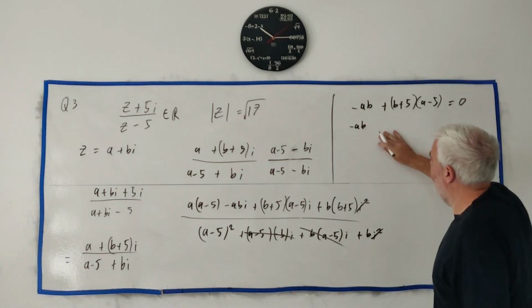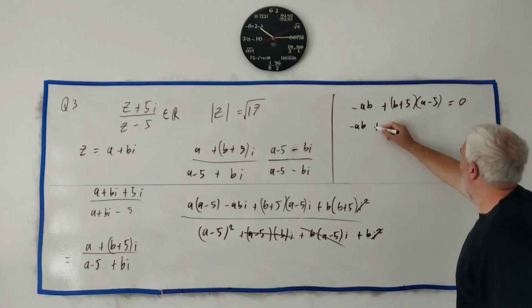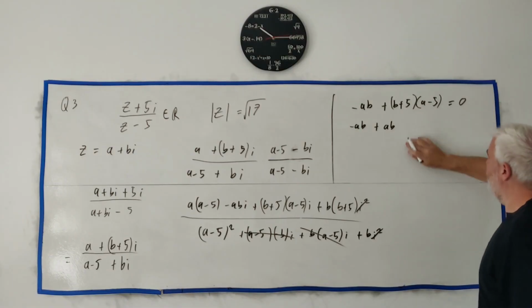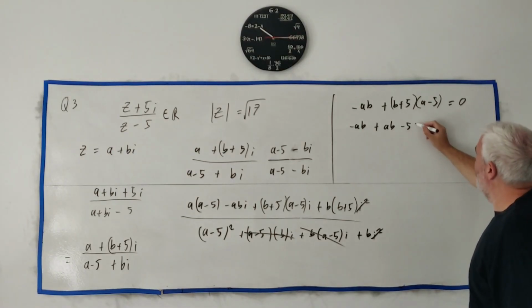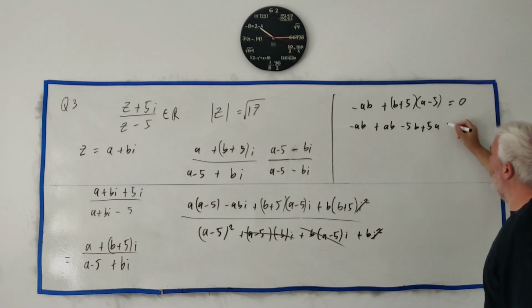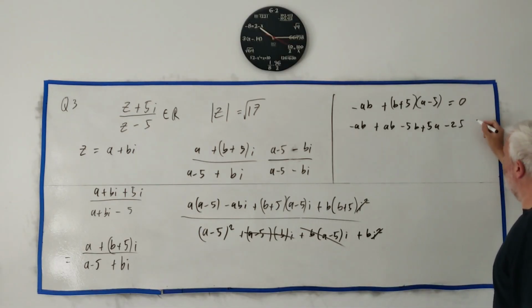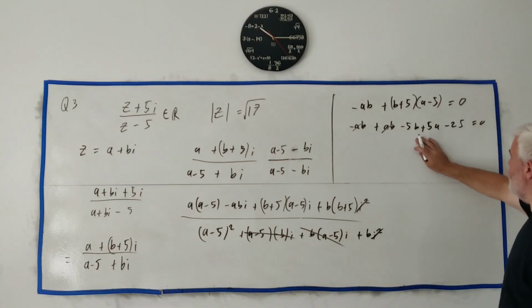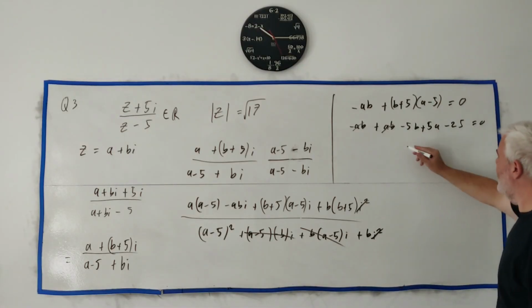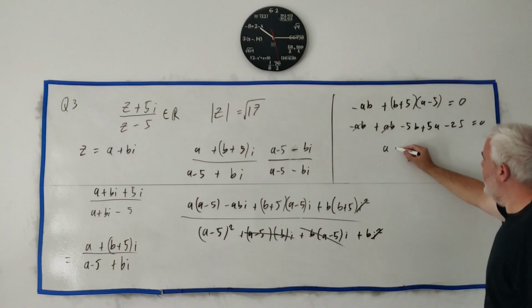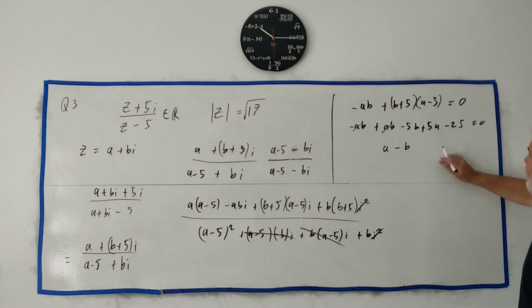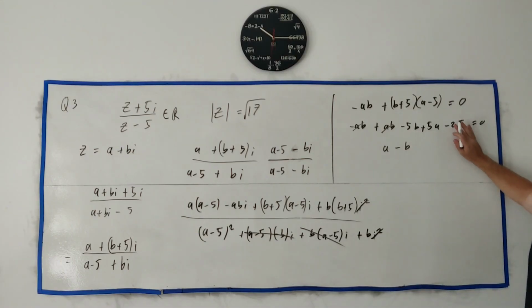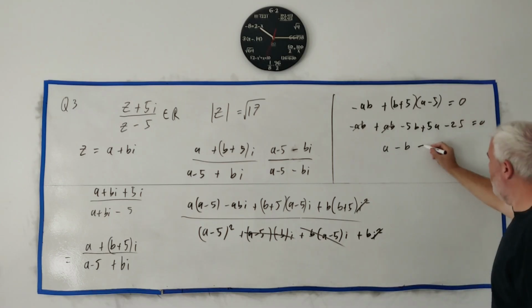We'll get minus ab plus ab, this is b times a here, minus 5b plus 5a minus 25 equals 0. The ab's cancel. We're just left with, divide everything by 5. We're left with an a here, minus a b from here, and a 5 here. I've divided everything by 5 and I've moved it over.